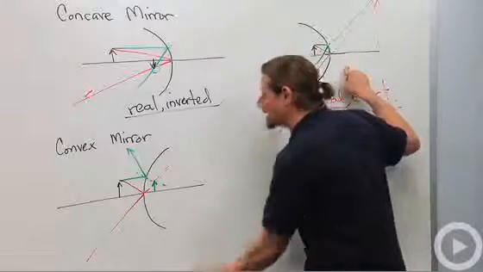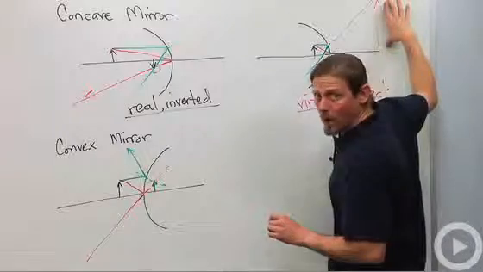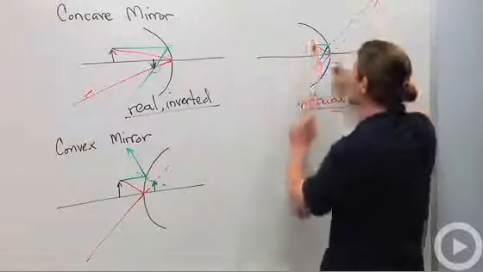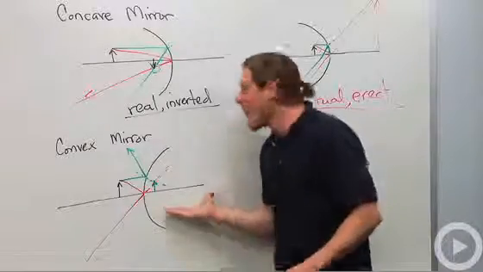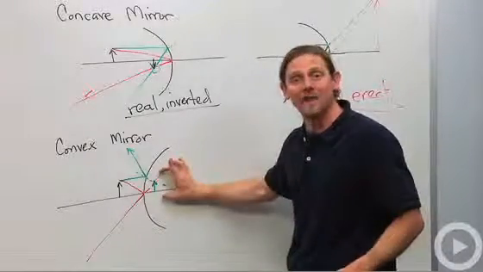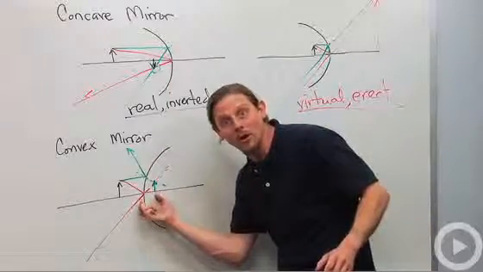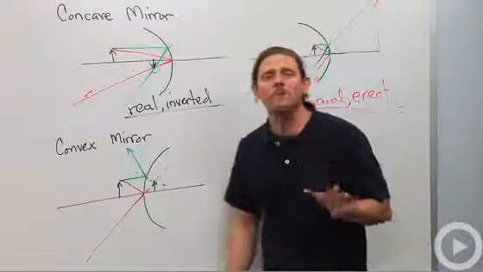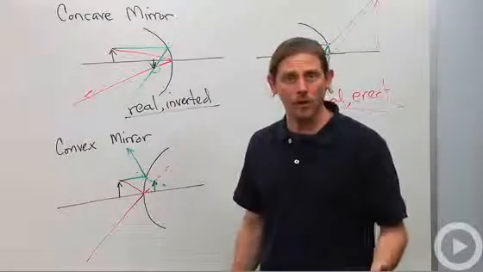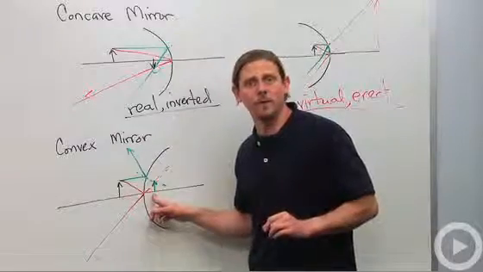So the issue is that here we always have an erect virtual image that's further away from the mirror than the object. In the convex case, we always have an erect virtual image that's closer to the mirror than the object. These mirrors are very, very useful in stores, for example, because everything has a smaller magnification than 1.